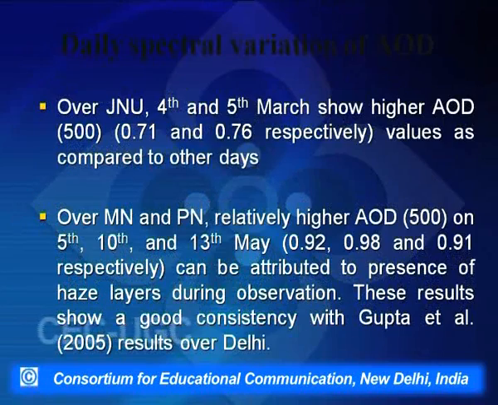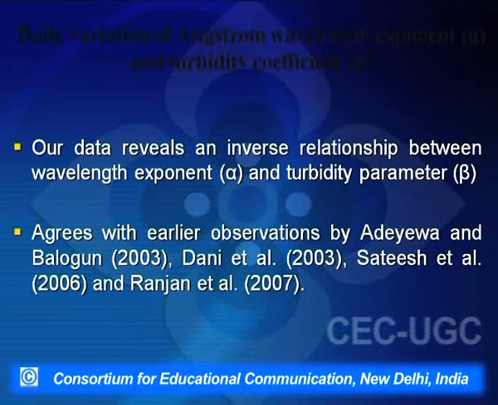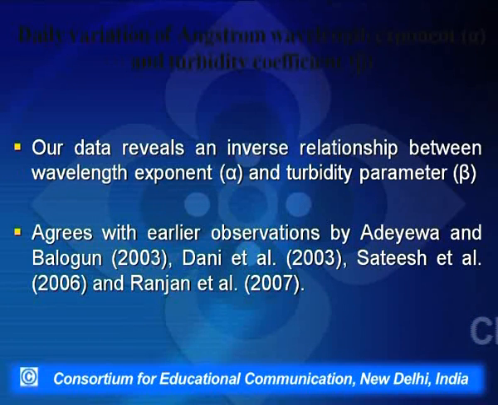I think I must skip this. Yes, our results show an inverse relationship between the wavelength exponent and the turbidity coefficient. It means when it is highly polluted, the pollution is mainly because of the finer particles.